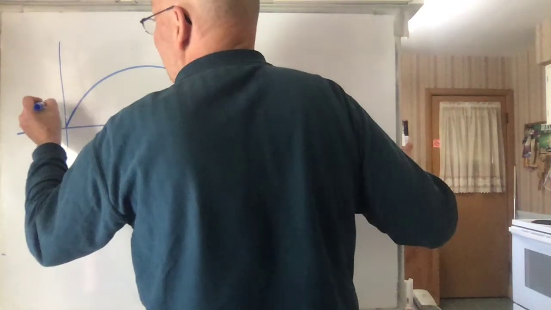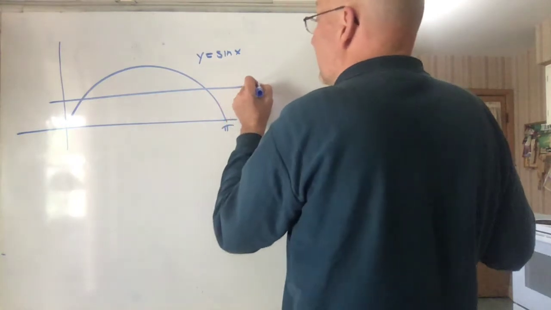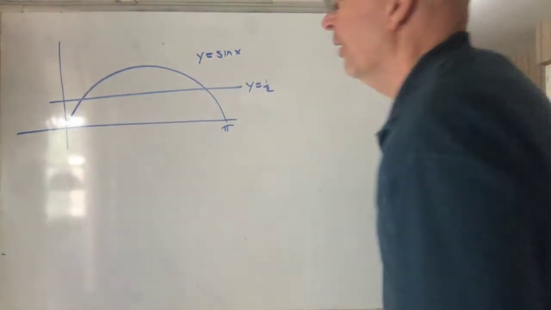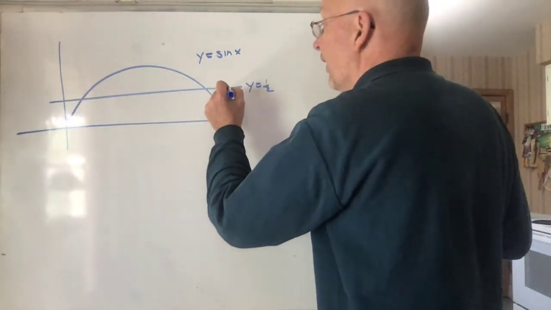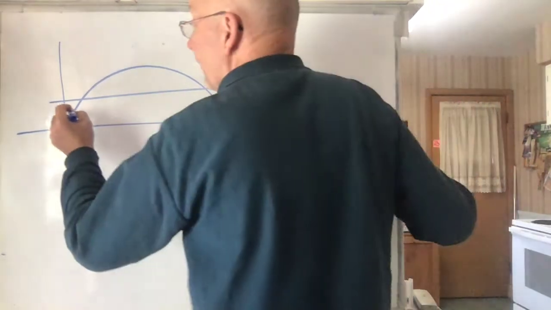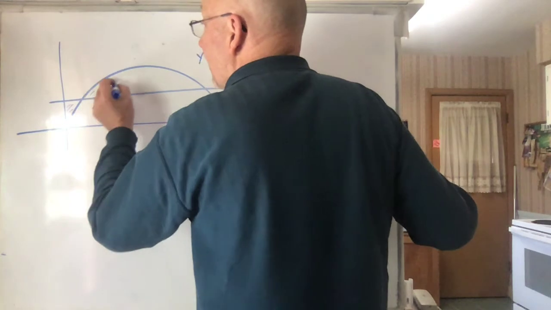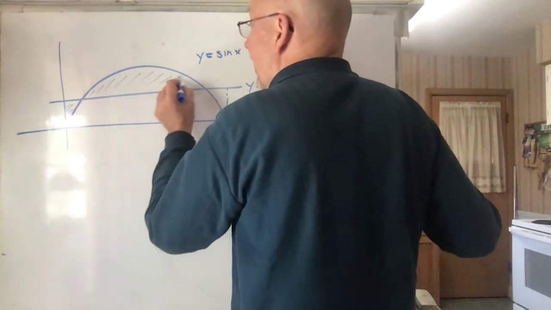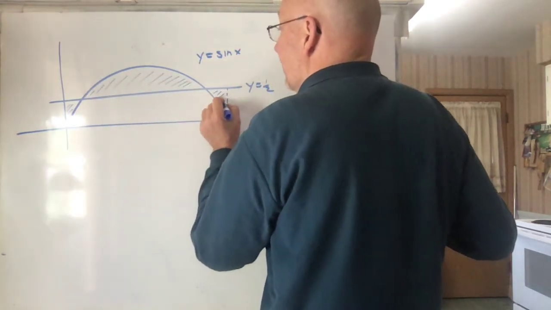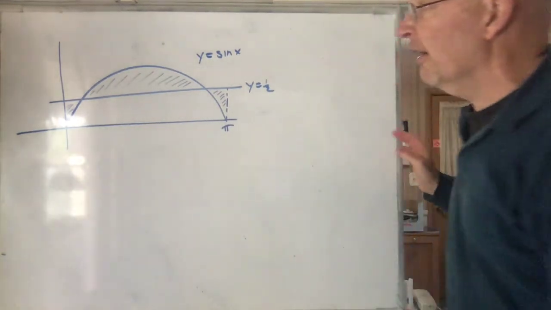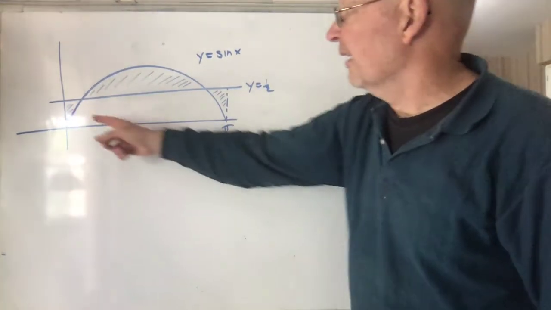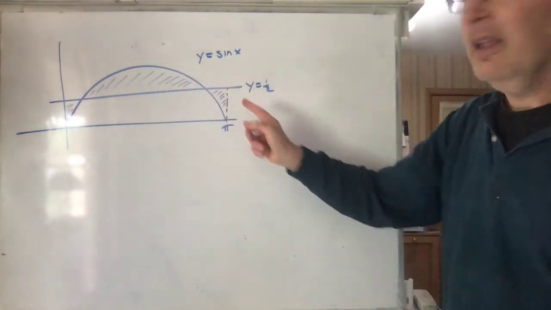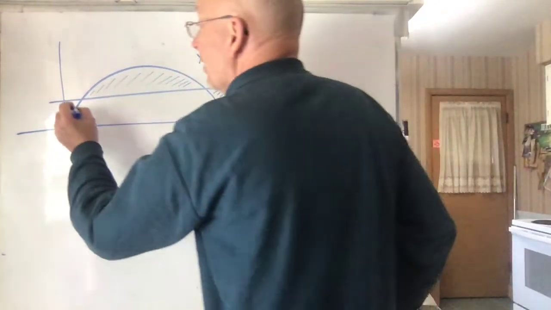And let's take y equals 1/2, which is just that straight line right there. And suppose this is what we're after: the actual area of this region right there, the area of the region between these two curves from 0 to pi. See that? All shaded in there? That's what we're after. Okay?